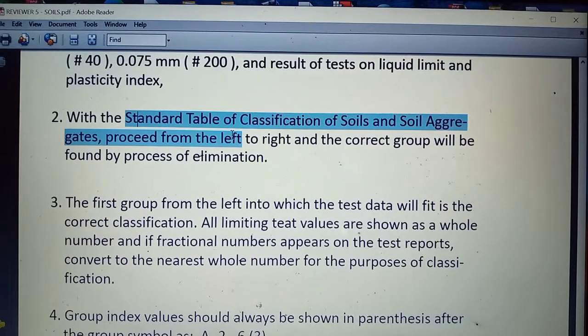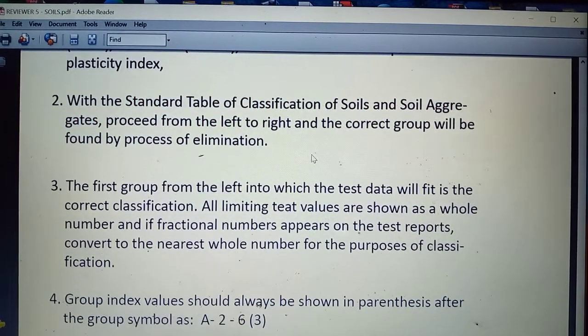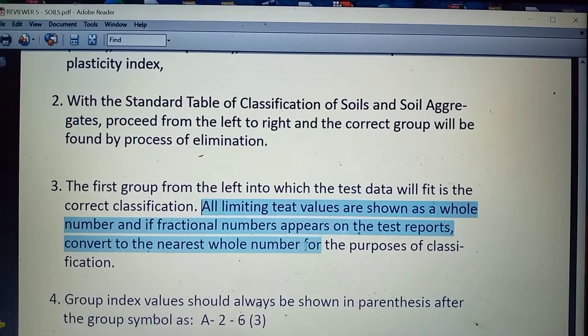Then, gumamit kayo ng table classification of soils and soil aggregates. And then, the first group from the left into which the test data will fit is the correct classification. All limiting test values are shown as whole numbers and in fractional numbers appear on the test reports.